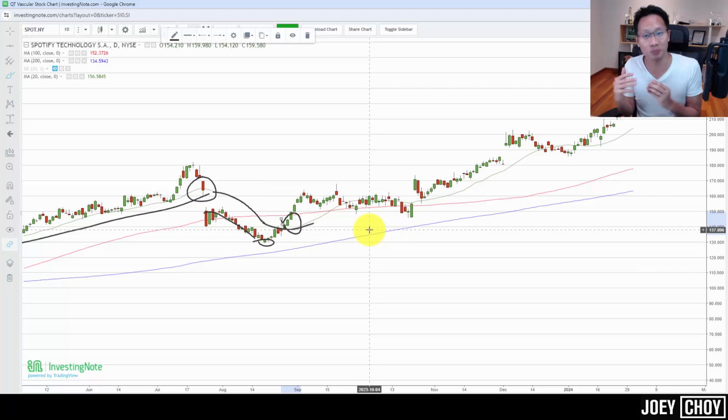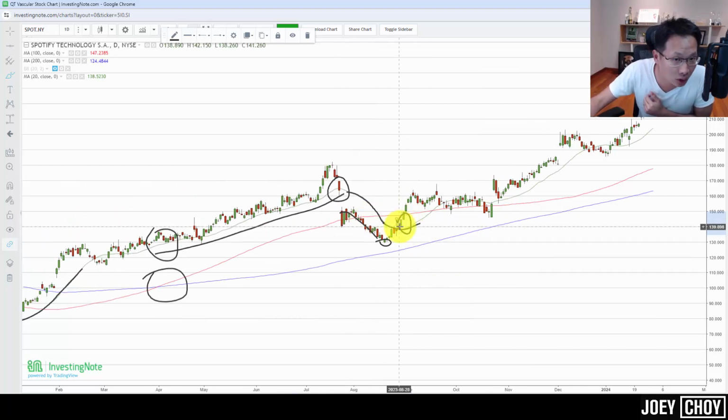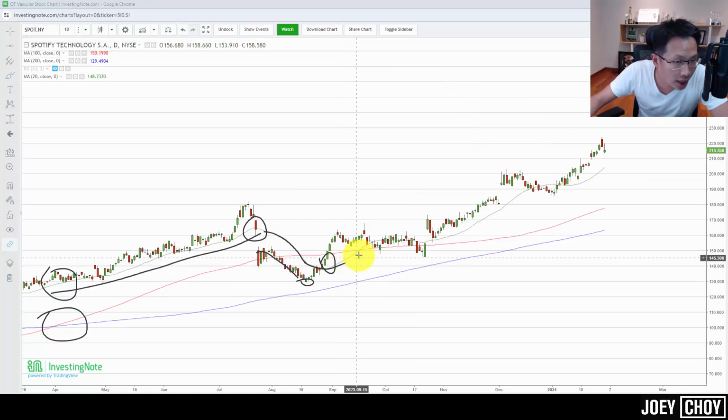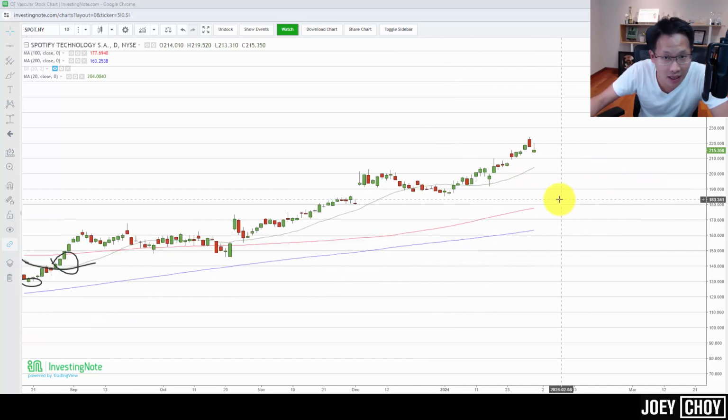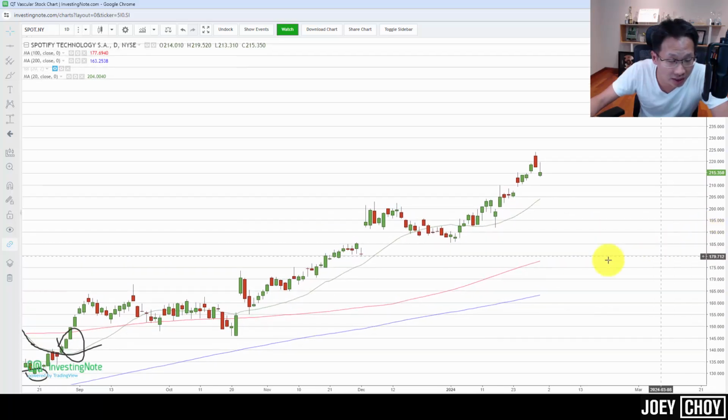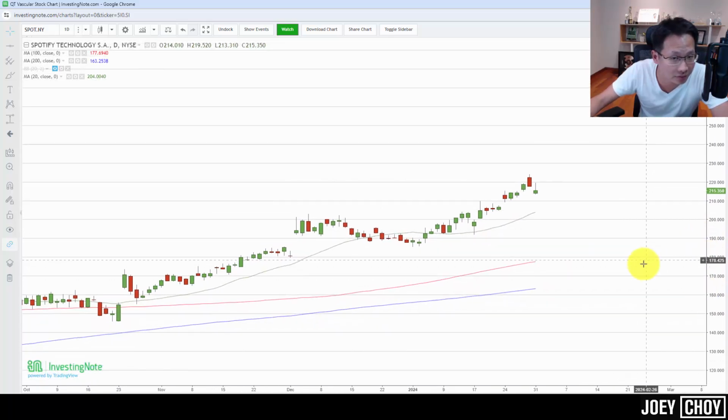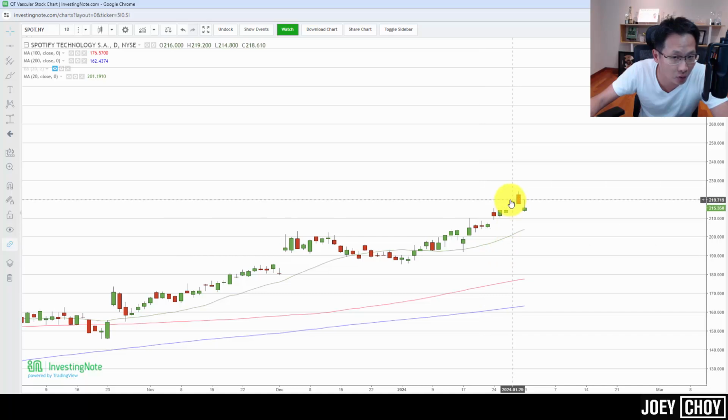So that's how you could position yourselves to get back in again when the shorter term trend is up, and obviously the longer term trend has already stayed up and started to point up, flatten out, point up, up, up. So the shorter term trend is up, and you can see right now that this green line, the 20 days moving average line, is obviously pointing up with prices above it.